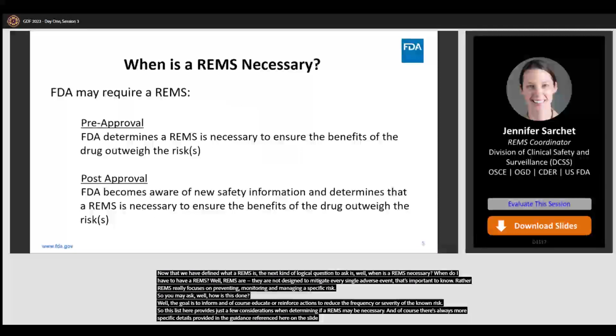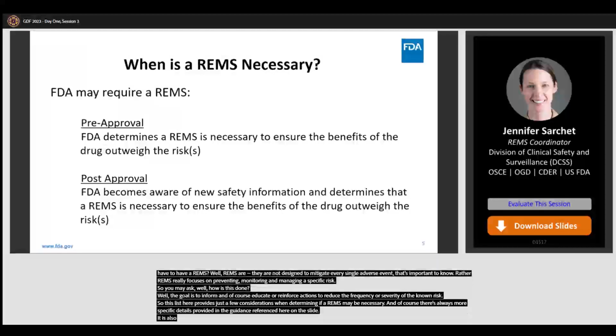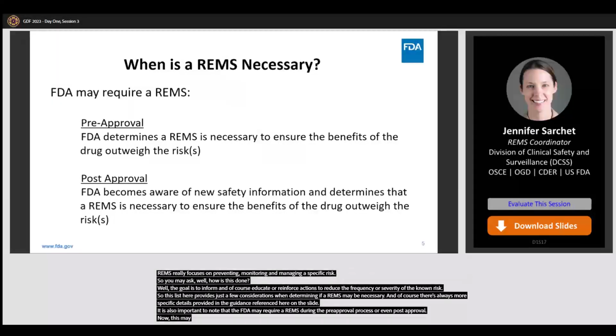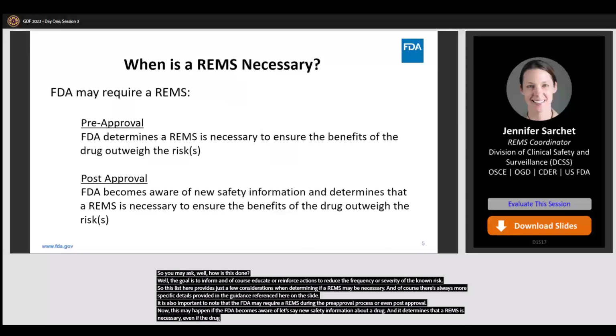It is also important to note that the FDA may require a REMS during the pre-approval process or even post-approval. Now, this may happen if the FDA becomes aware of, let's say, new safety information about a drug, and it determines that a REMS is necessary even if the drug has already been approved.